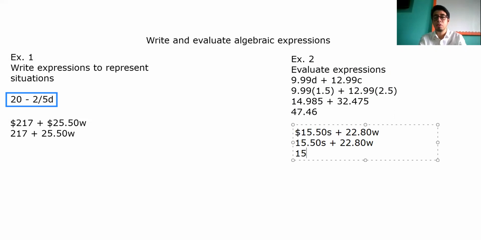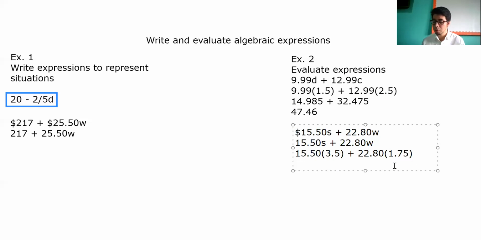So 15.50 multiplied by S, the number of hours that he is going to rent the scooter, so 3 1/2 is 3.5, plus 22.80 multiplied by the number of hours that he is going to rent the watercraft. And the watercraft is 1 3/4. 3/4 is 0.75, so I have 1.75. Then we only multiply in here.